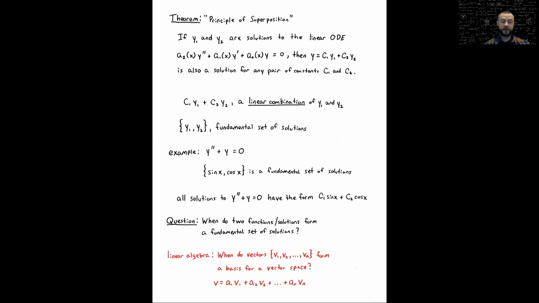Some of the notation might look familiar. Instead of C1 times y1 plus C2 times y2, your linear combination might have been a linear combination of those vectors v1 through v sub n.